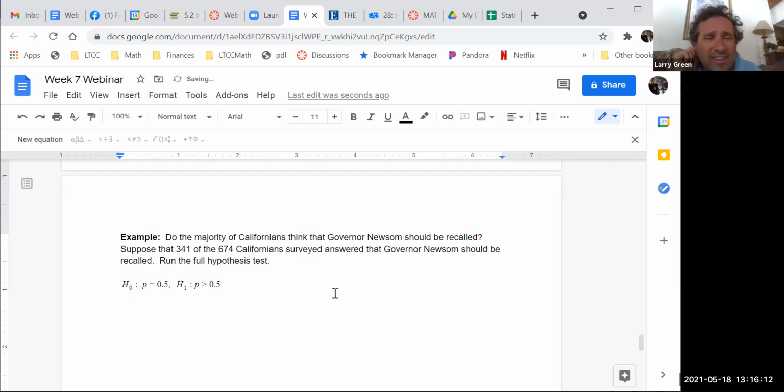All right, so in this case, this is really political science. Type 1 error, I'm just going to say it because we don't have time to type everything out. But a type 1 error would mean that we ended up publishing in the news that the majority of Californians want to get Governor Newsom recalled, and we were wrong. That's bad.